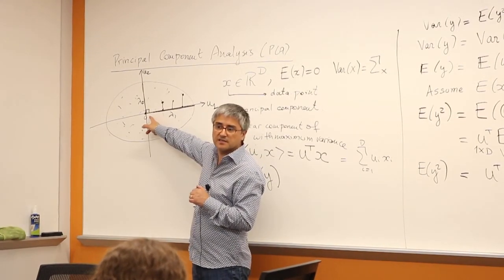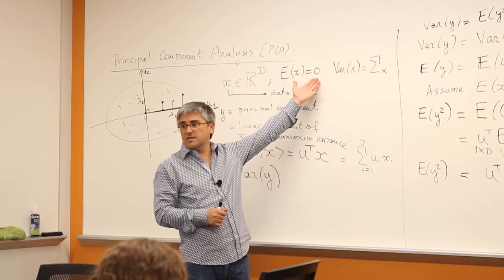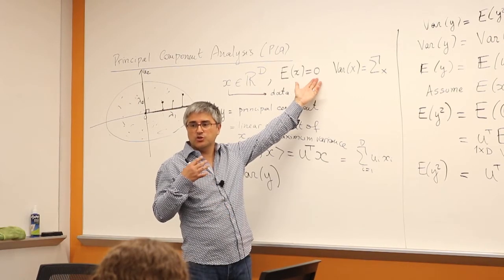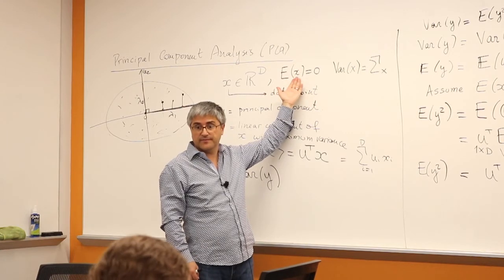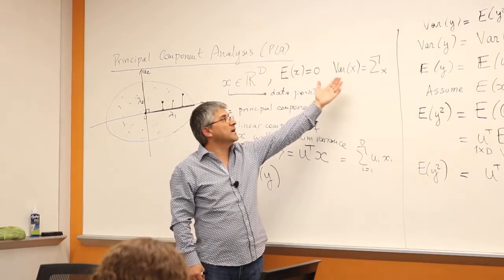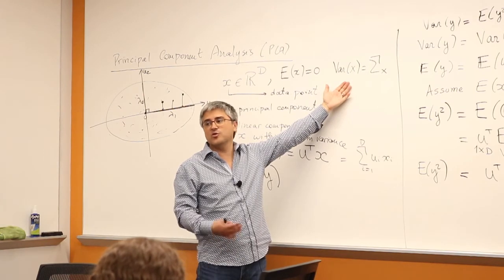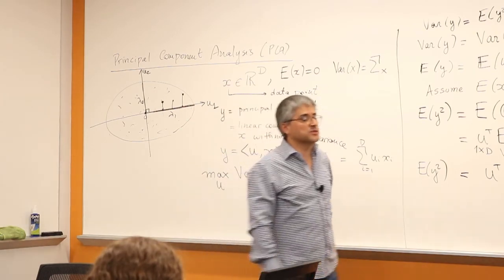So there is always a computation of the mean. Right here, I assume that the mean is 0. In reality, when you apply this to data, there are always going to be 2 things you need to do. One is you need to compute the mean of the data. The other one is that you need to compute the covariance matrix, and then you compute eigenvectors and eigenvalues. Okay? So let me illustrate this now with some examples.